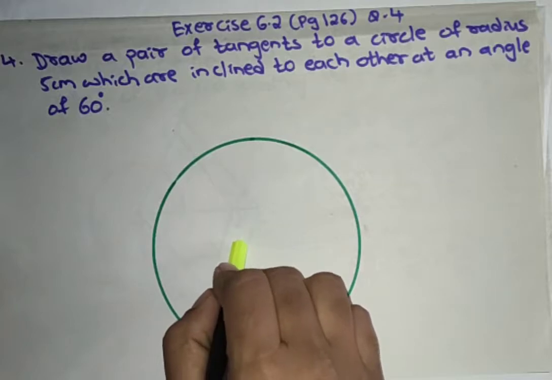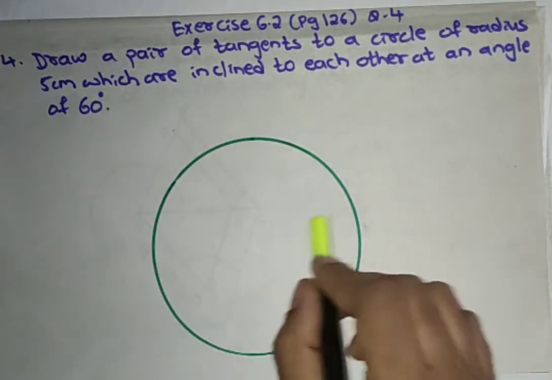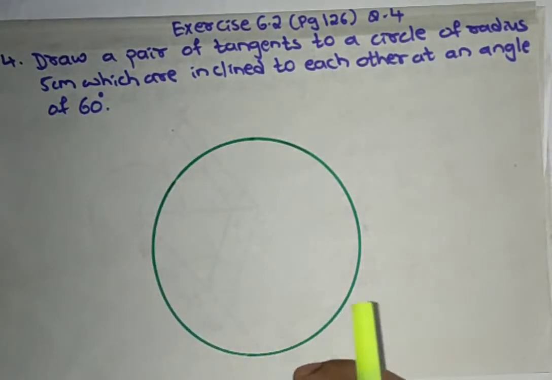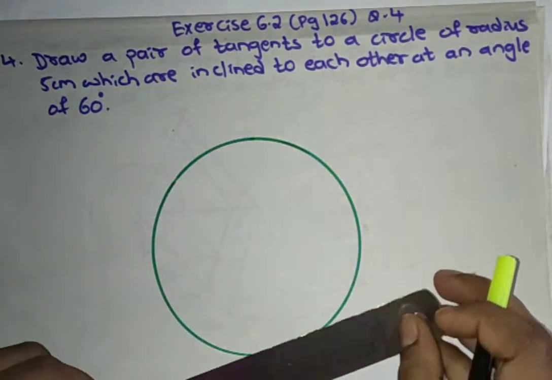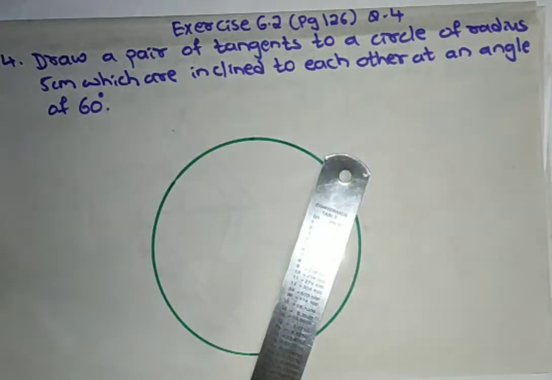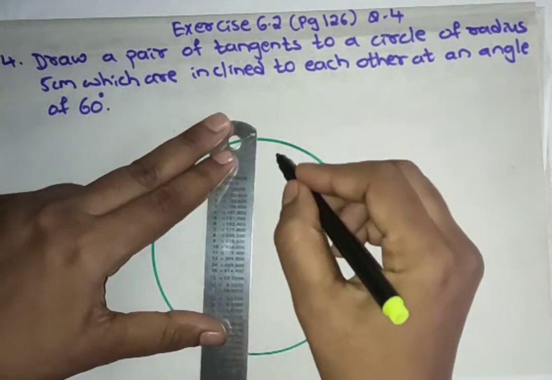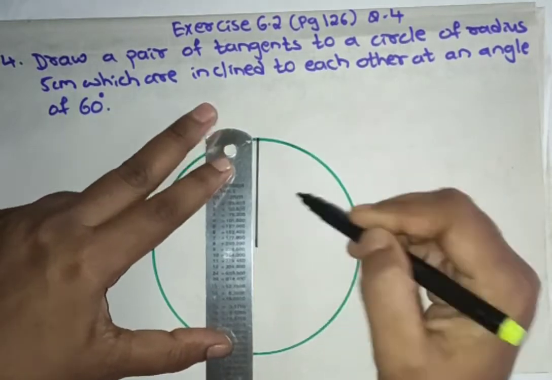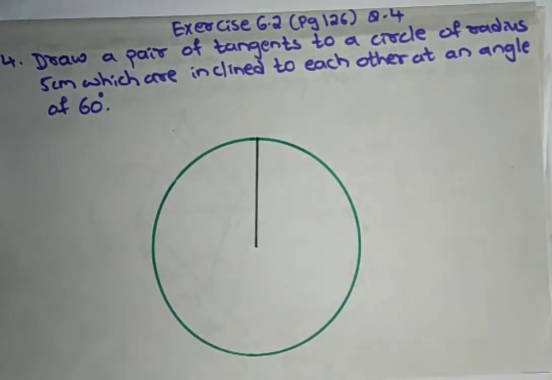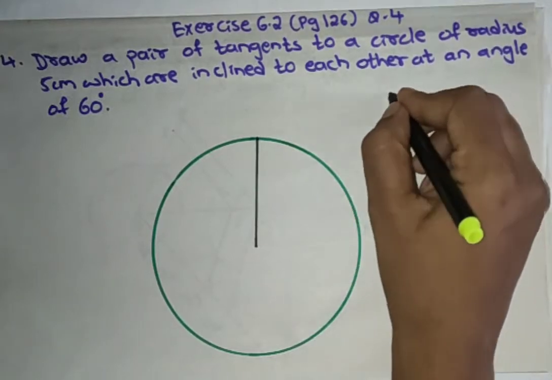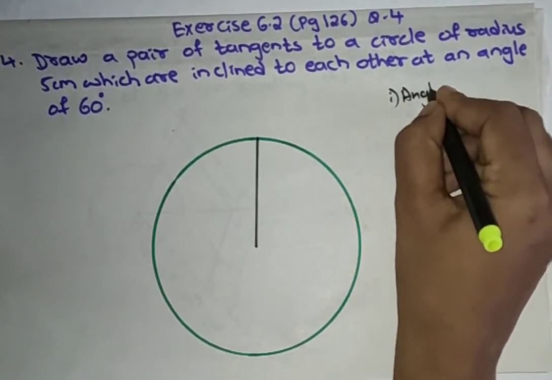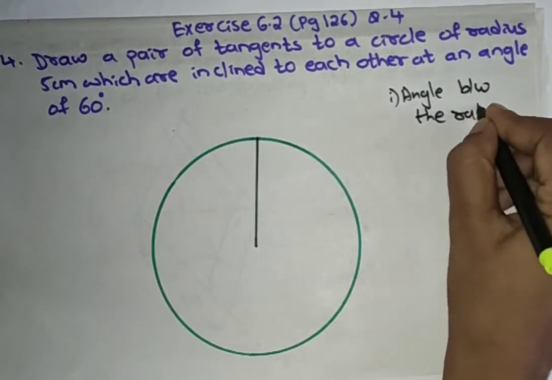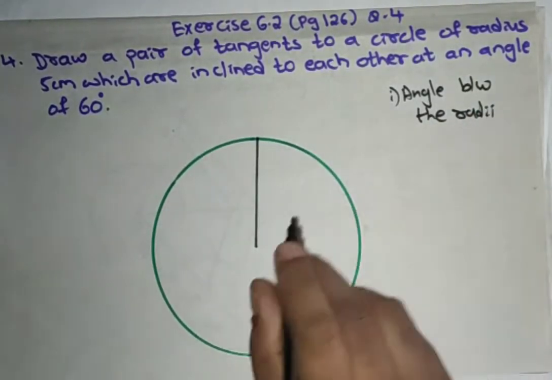Now second step, we have to draw radii of 5 centimeter. 2 radii we should draw. First we have to take the angle between the radii. So how will you take this?